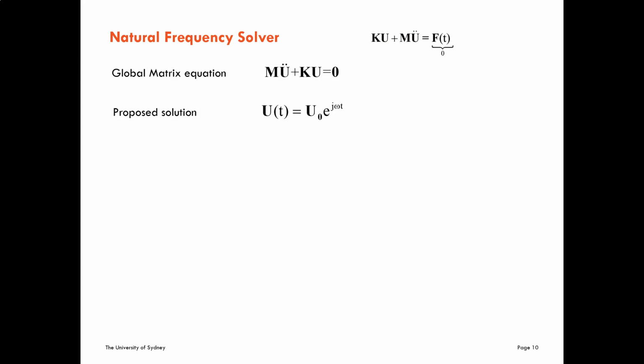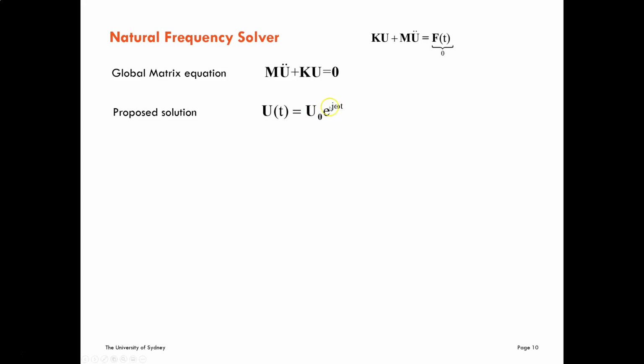So let's start from our equation, and we are going to assume that there are no forces. So the system is going to oscillate due to the initial conditions. So this is going to be our global matrix equation, and the proposed solution can be given in terms of an exponential. j is the imaginary number, square root of -1. And we assume that U naught is a vector, and w is a certain frequency.